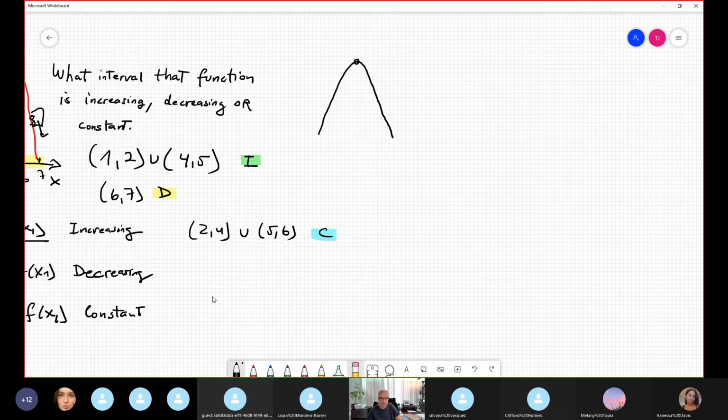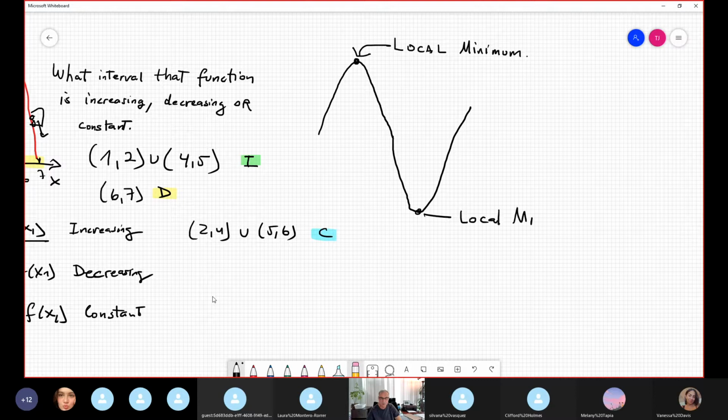This peak of the hill is called local maximum. And suppose decreasing, stop decreasing, and increasing now. This point is called local minimum. You may say, well, professor, what is the definition of local minimum and local maximum?